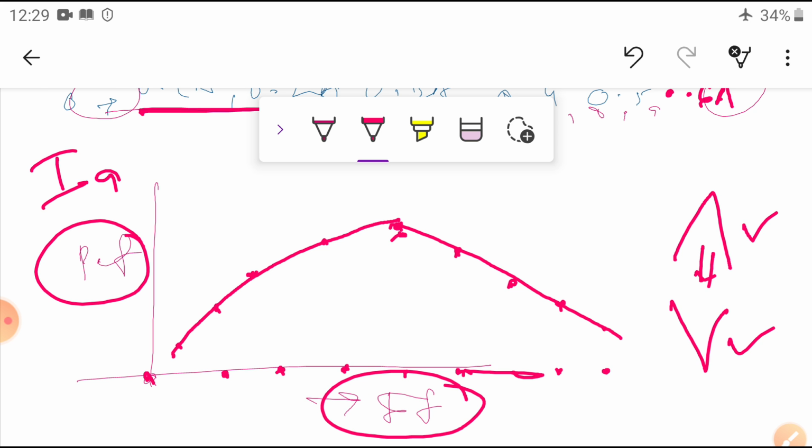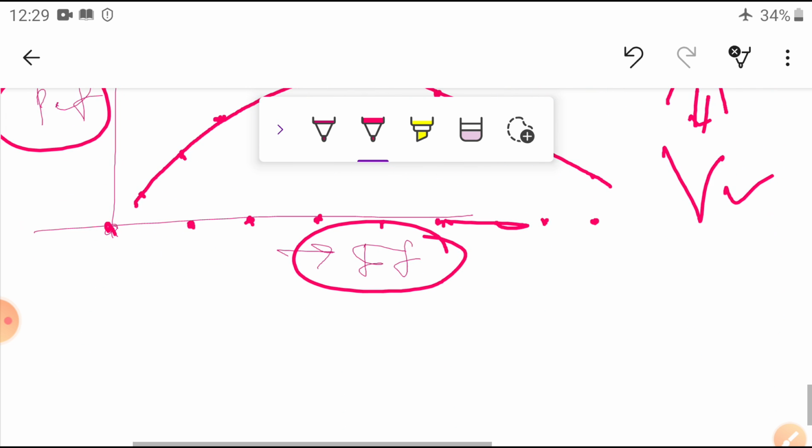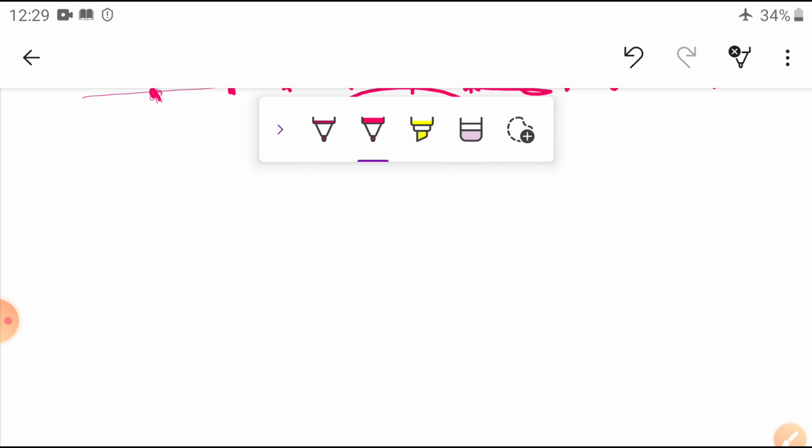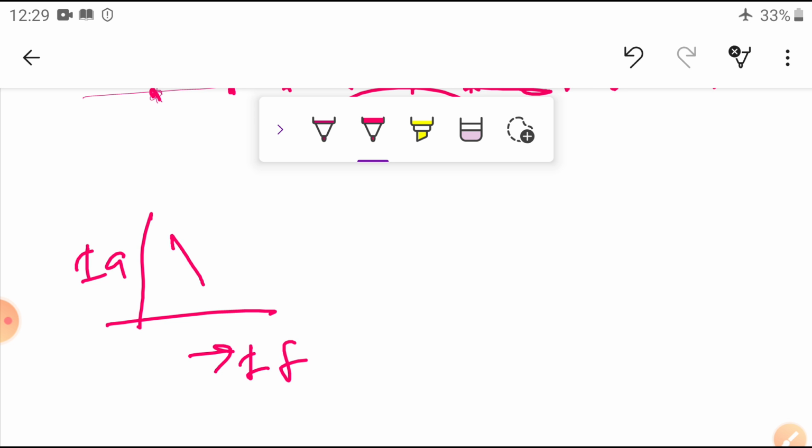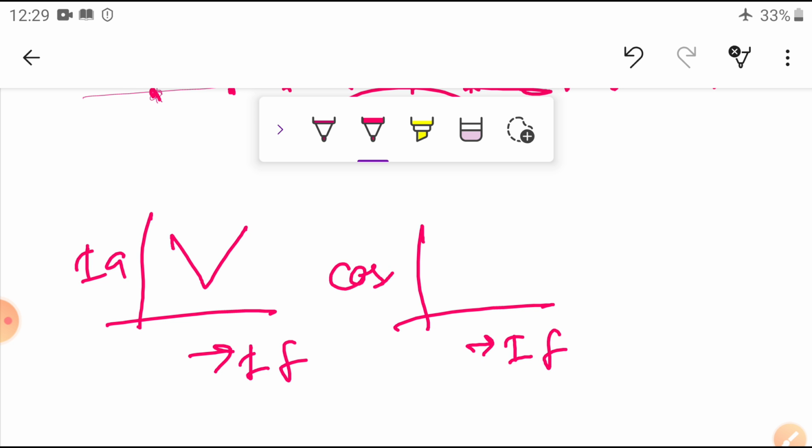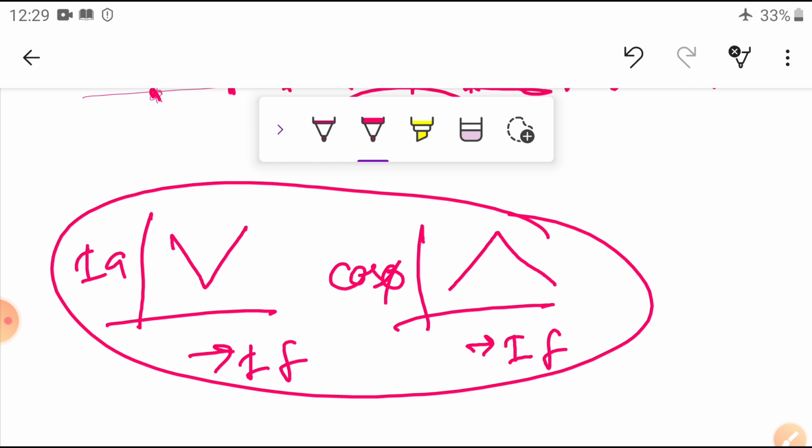So V curves can be drawn as field current versus armature current. And field current versus power factor cos phi is called the inverted V curve. Based on this, we can analyze the machine performance. This is the effect of excitation.